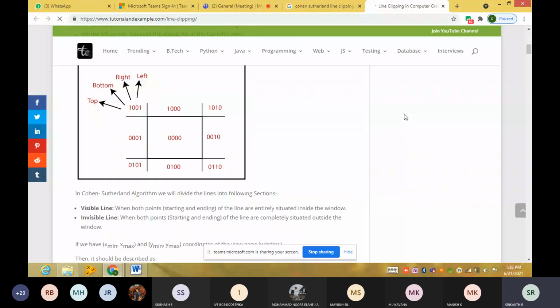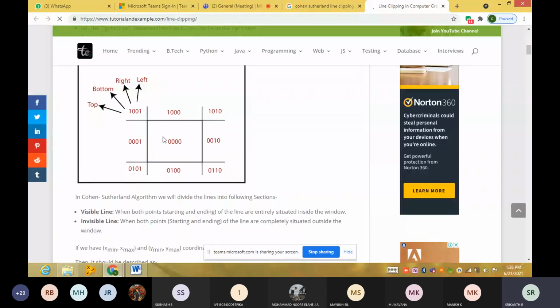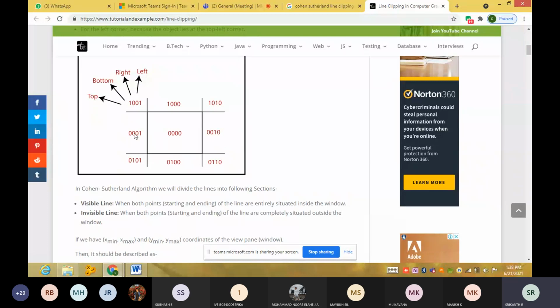See here, it is going to divide the entire screen into left, right, top, bottom. Left bit is 1, right bit is 2, bottom bit is 3, top bit is 4. So the combination of top and left, that is 1000 and 0001, will be 1001. Combination of top and right, that is combination of 1000 and 0010, will be 1010.